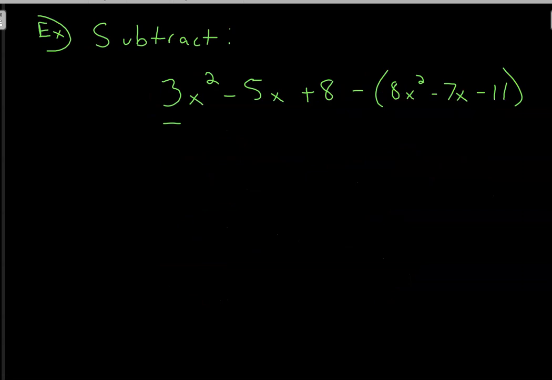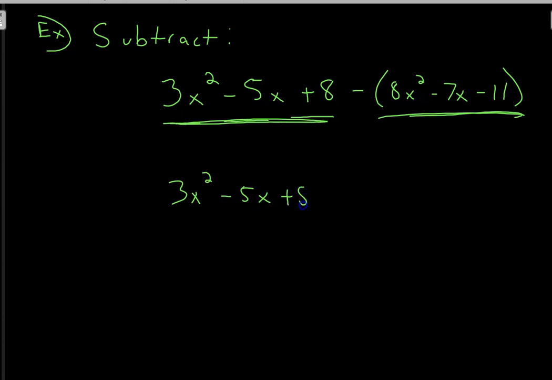I have 3x squared, subtract 5x, subtract 8, then subtract all of this in parentheses here. So since that's a subtraction there, the first set does not change. It's still going to be 3x squared, subtract 5x, subtract 8.